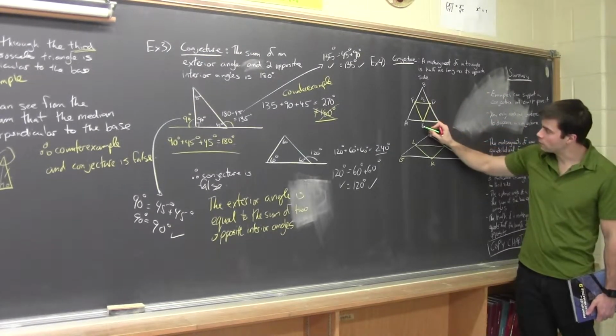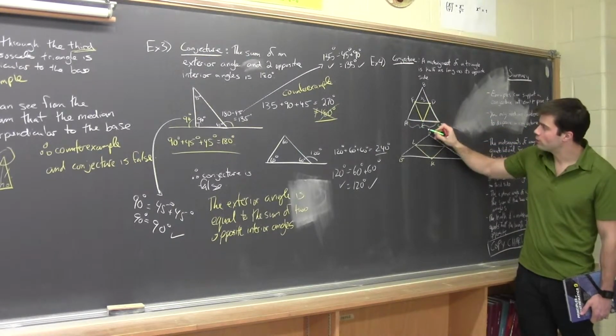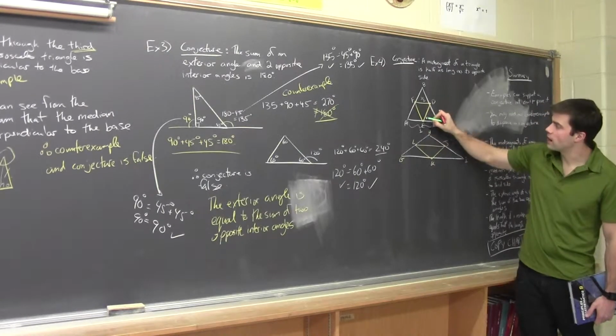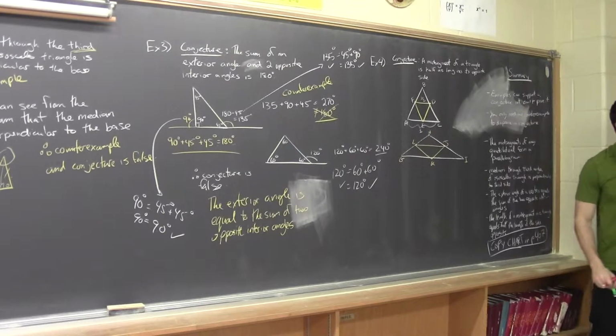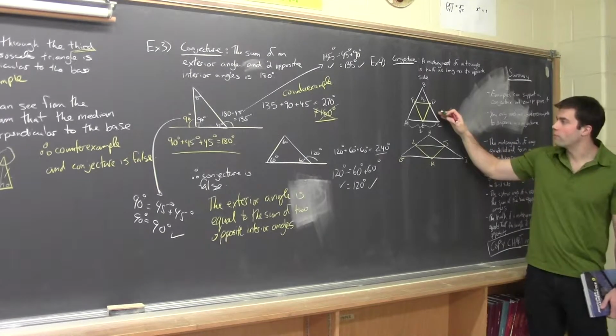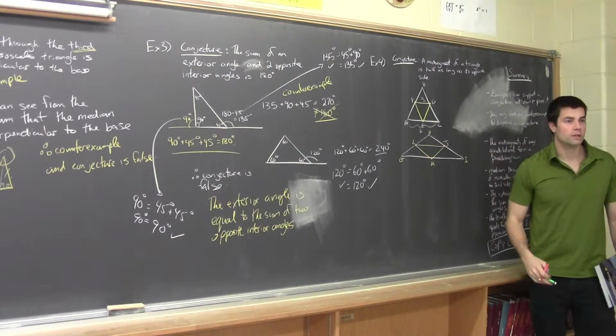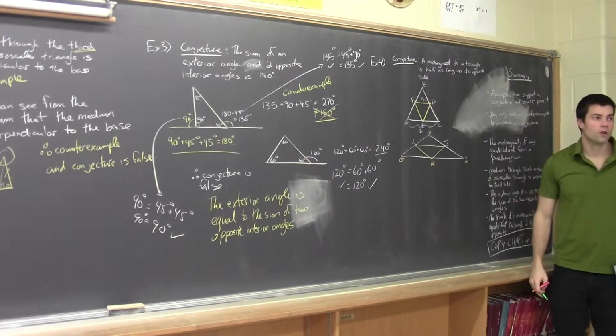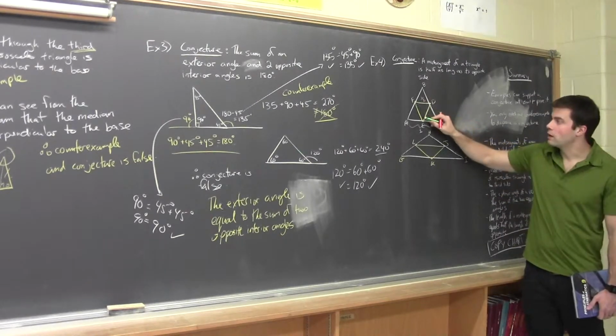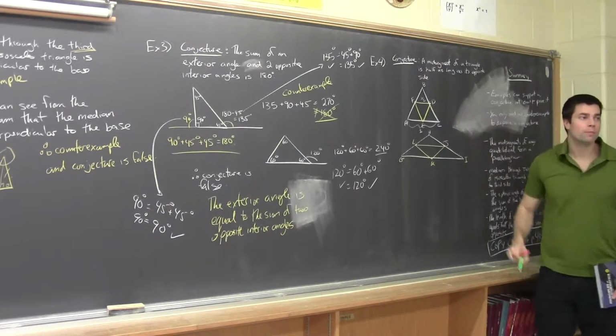So its opposite side would be here. If I'm saying that's a half, this is 1. Okay? And they actually use geometry software to prove this, but to give you the Coles notes, it's true. So your mid-segment is always half of your opposite side.